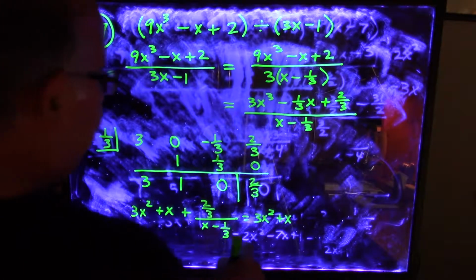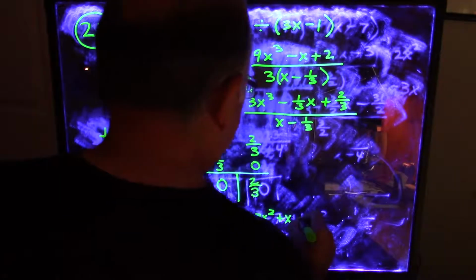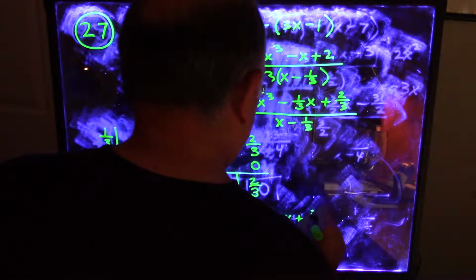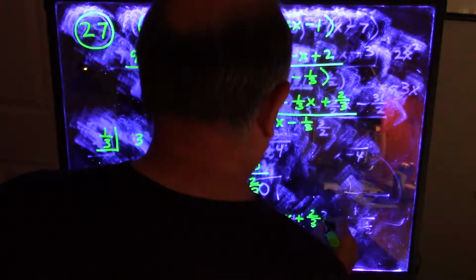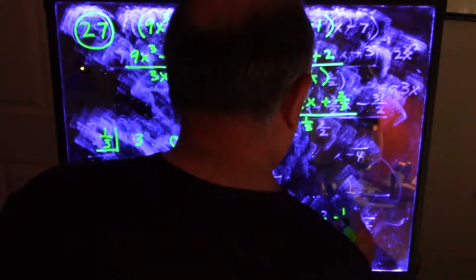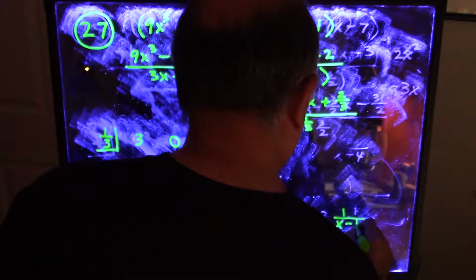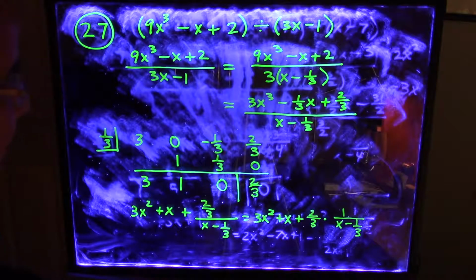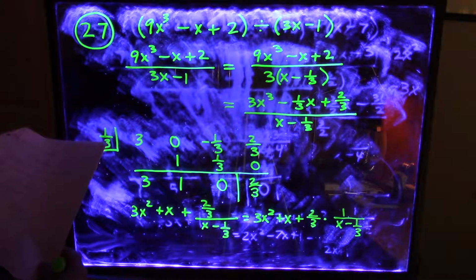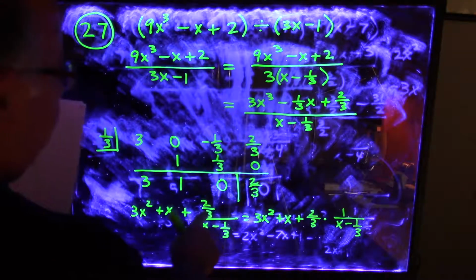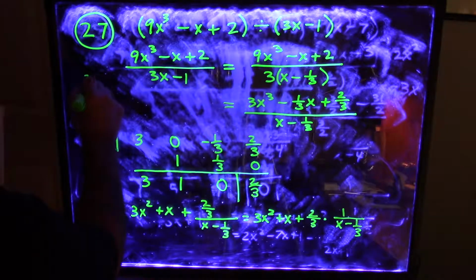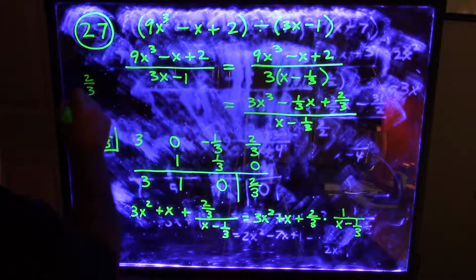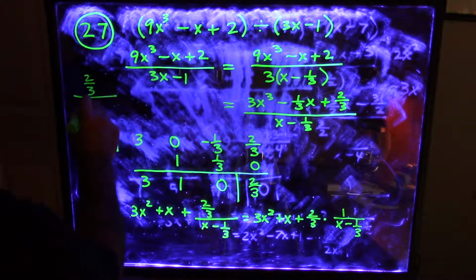And now we can write the 2/3 like this, plus 2/3 times 1 over x minus 1/3. You can take this, if it helps, you've got 2/3 over x minus 1/3, and you can write that as x minus 1/3 all over 1.